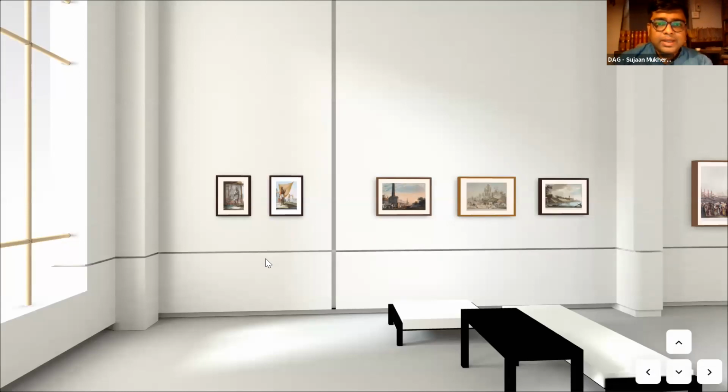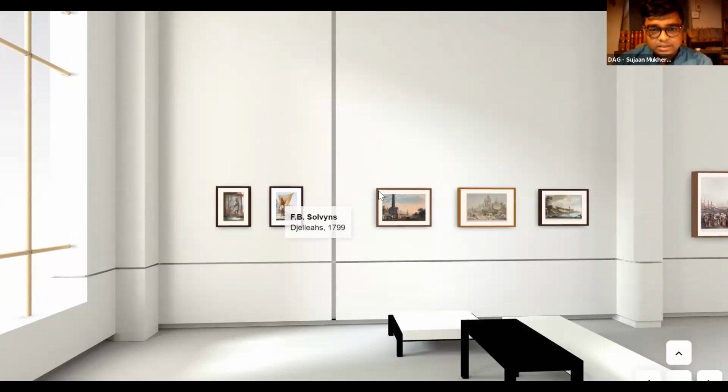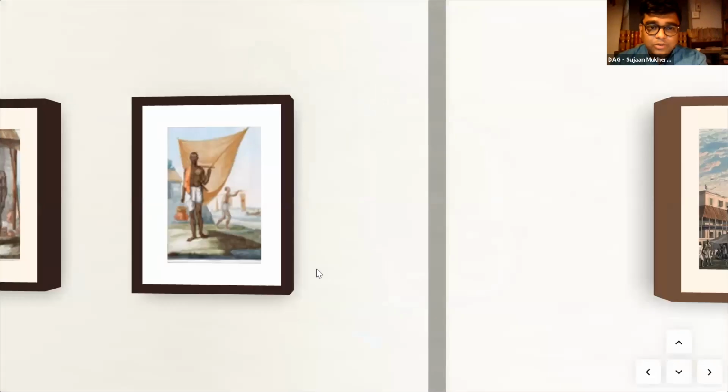At Ghare Baire itself, I think we have over 600 works of art, which include paintings, prints, photographs, sculpture, and most recently a couple of embroidered works as well. So it's quite a large collection, and it's not the easiest selection to make, because you inevitably leave out more than you want to. But that said, the entire collection itself also tells its own story.